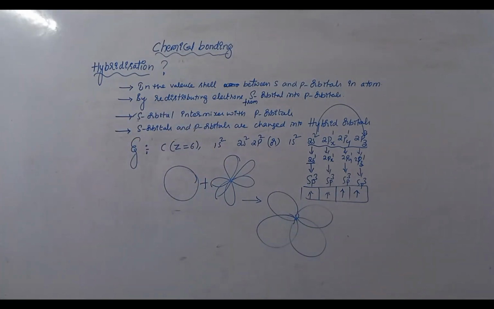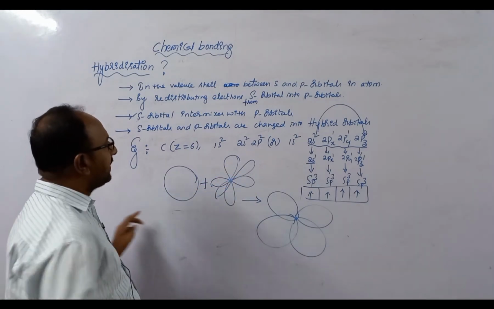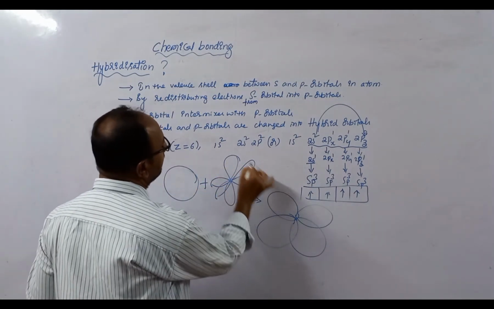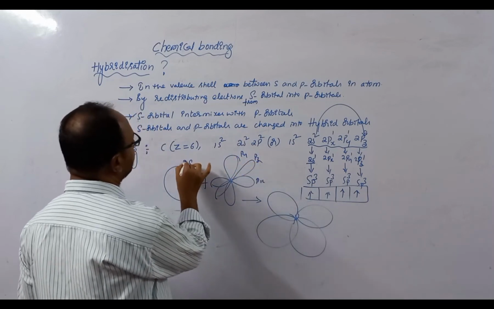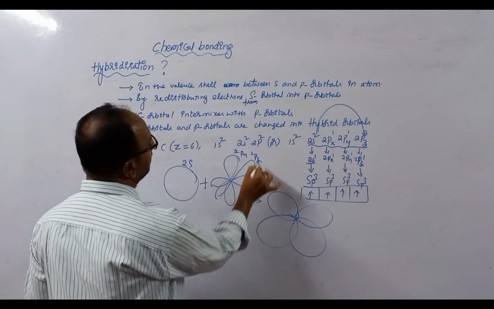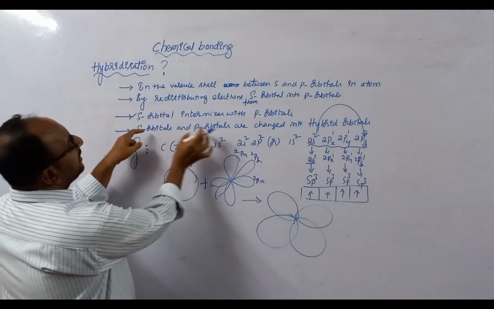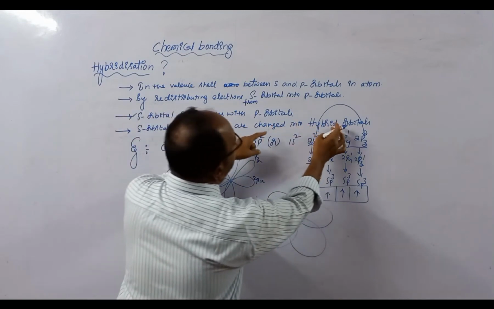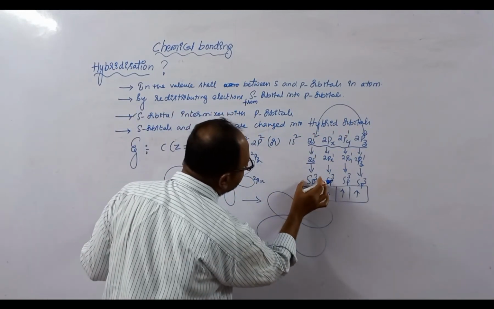So when s orbital intermixes with px, py, pz, that is 2s, 2px, 2py, 2pz, the resultant s and p orbitals are changed into hybrid orbitals. The hybrid orbital name here is sp3.